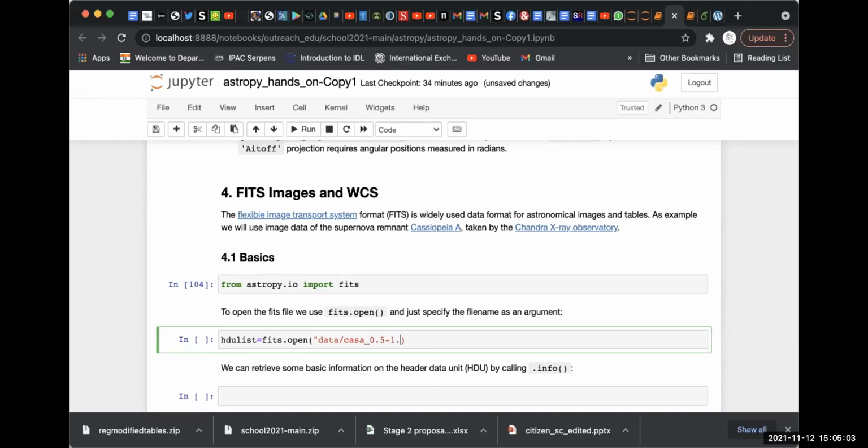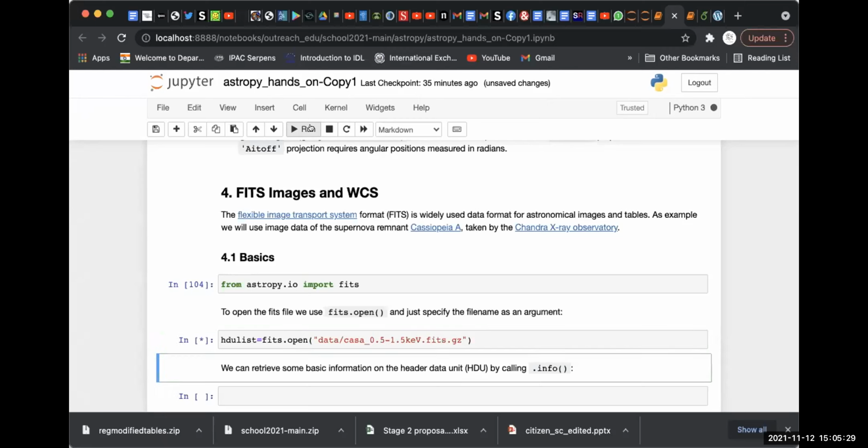This is basically a Chandra image, from 0.5 to 1.5 keV. It's a FITS image, .gz. CASA underscore 0.5 to 1.5 keV fits GZ. Let's try it.